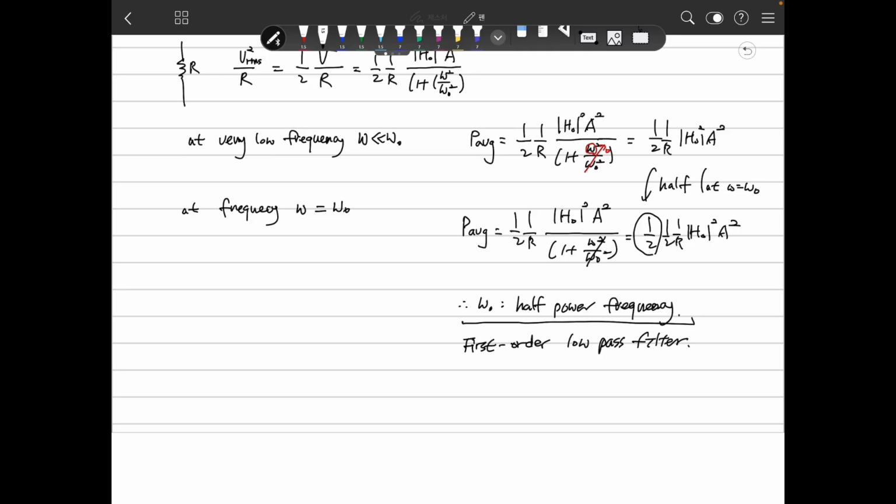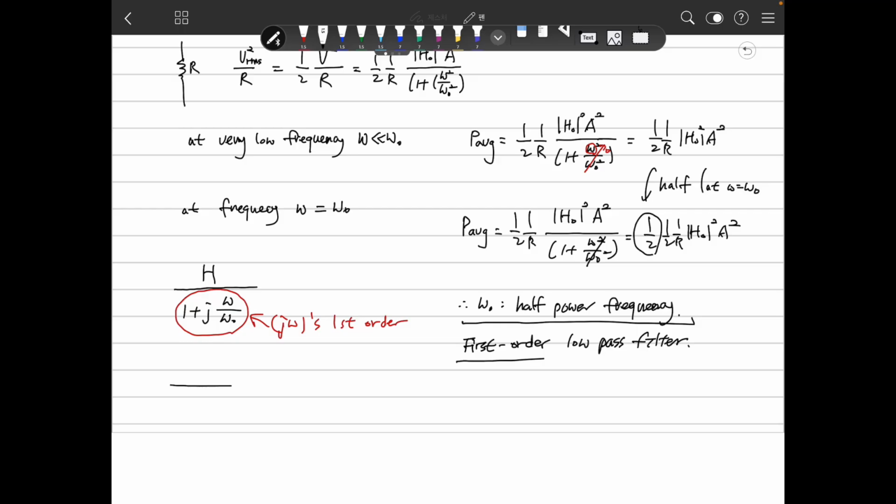What does first order mean? In this low pass filter, the frequency response is H = 1/(1 + jω/ω0), and here there is one pole, so it is first order.